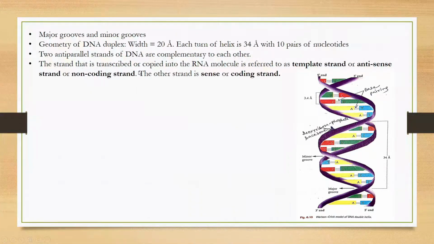The strand that is transcribed or copied into the RNA molecule is referred to as the template strand, antisense strand or non-coding strand. The other strand is the sense or coding strand. However, each DNA strand can act as a template for the synthesis of its complementary strand, and hence hereditary information is encoded in both strands in the sequence of bases on either strand.